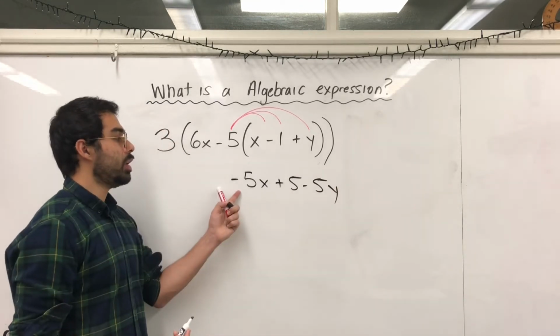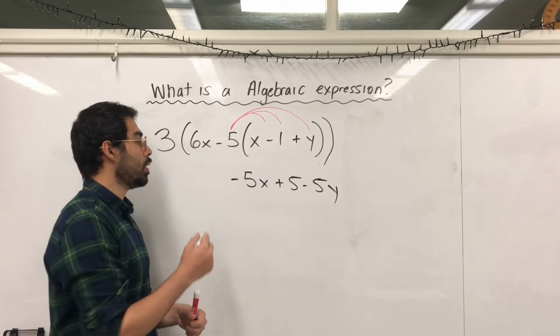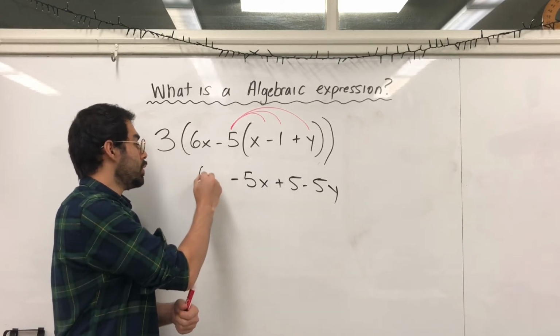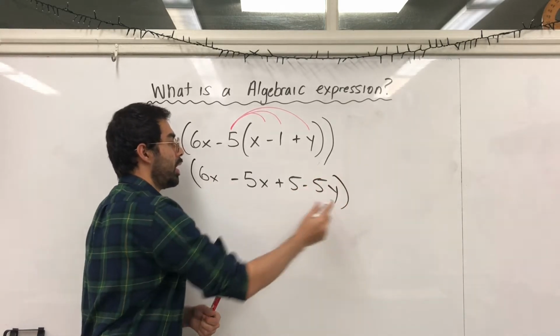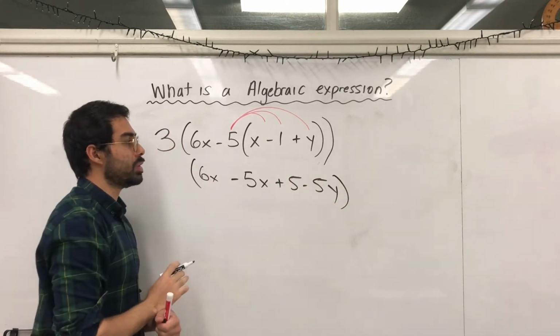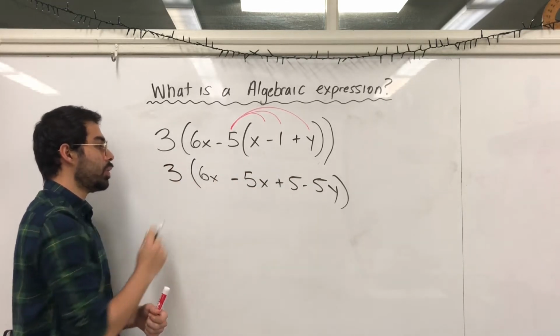Okay, so you get -5x plus 5 minus 5y. I'm going to go ahead and drop your 6x. This is essentially what I have in the broad parentheses since I finished this. Make sure you don't forget about the 3 at the end.